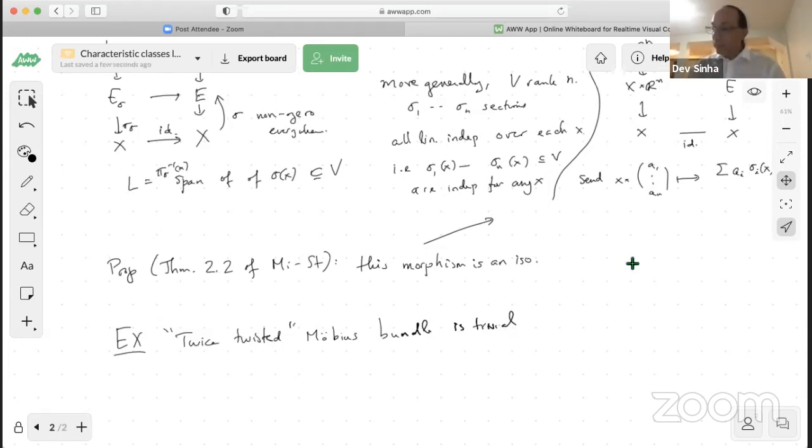I could mean that I've got a strip and I identify, let me use colors, this red with this red, whereas this black is going to that black. But then I also have a third bit where this red gets identified with this black, right? So I'm twisting around twice.